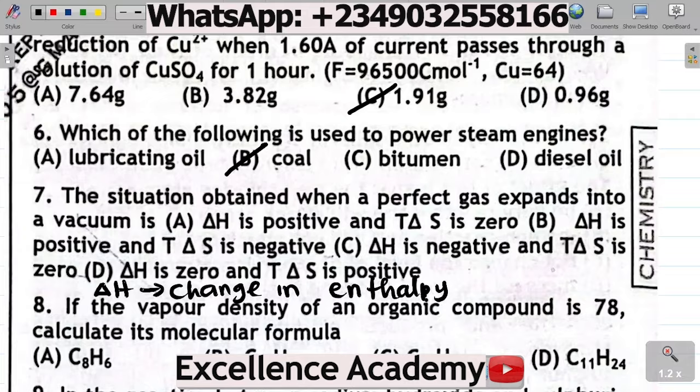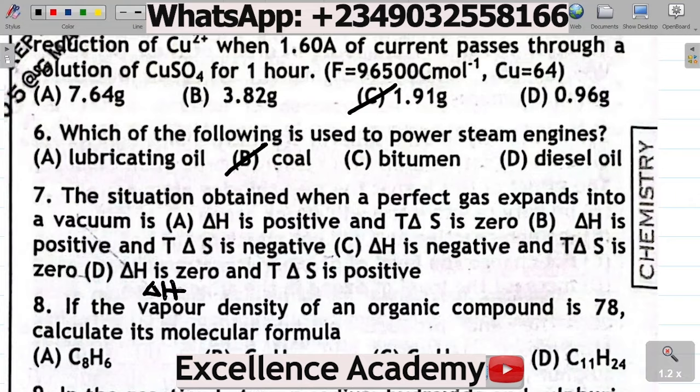Also, you have change in S. Change in S simply means entropy increase, or perhaps change in entropy. Now, for this particular question, what's the correct answer, considering that a perfect gas expands into a vacuum? When a perfect gas expands into a vacuum, two things happen.